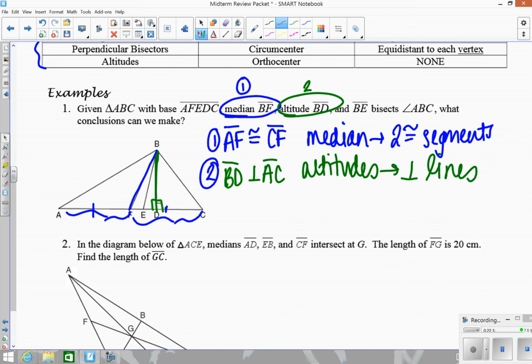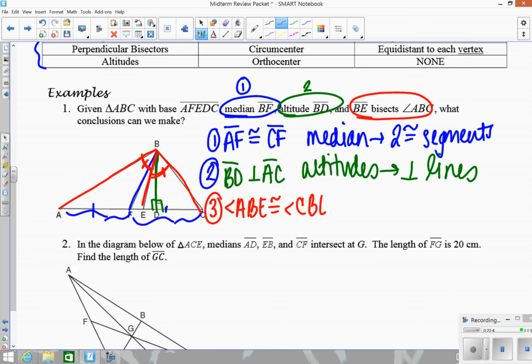And the other one here that we have is BE bisects angle ABC. So angle ABC is being bisected by BE, which means that I get 2 congruent angles. And the angles that I get are congruent are angles ABE and CBE.